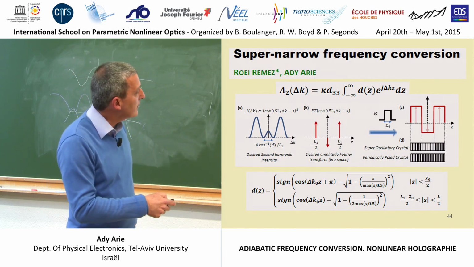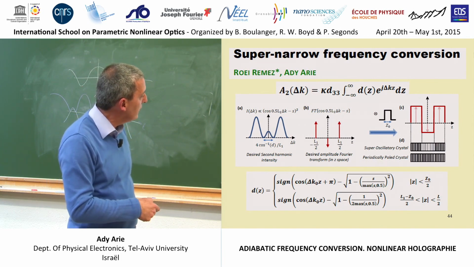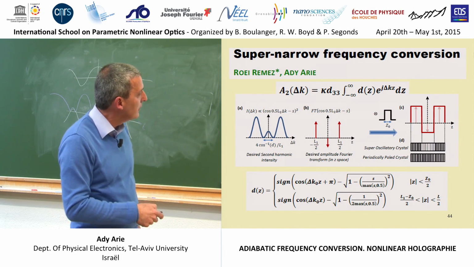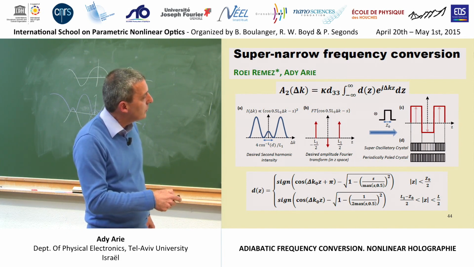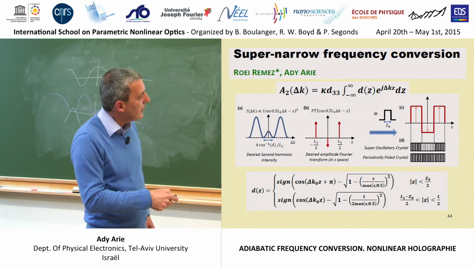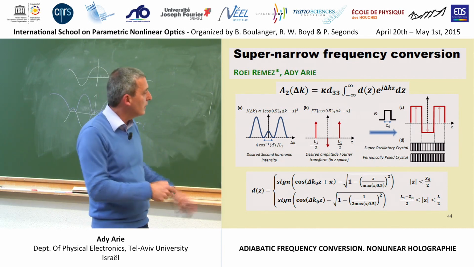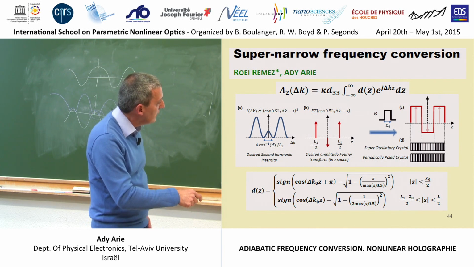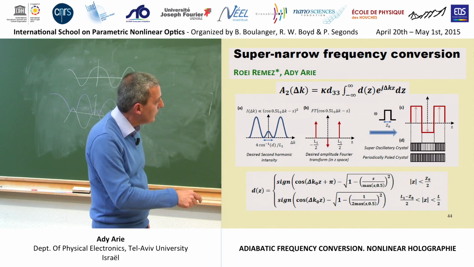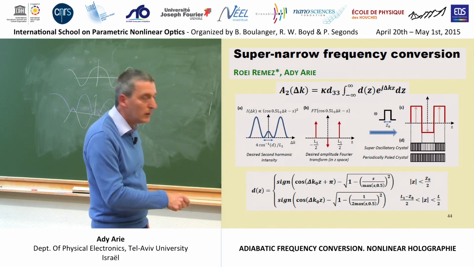You can understand this is now the nonlinearity as a function of space. There are 3 regions: 1, 2, 3. In the middle region, we need to have a pi phase shift with respect to the 2 other regions. You can already see this difference between the middle section and the 2 outer sections.